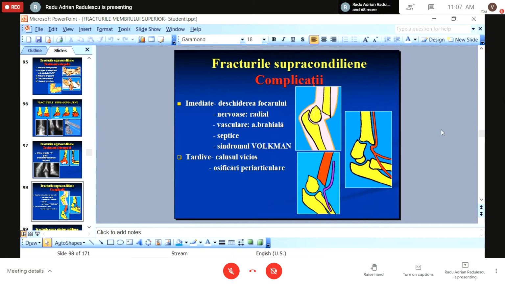That may also compromise the blood flow at the level of the upper limb. I will explain that in more detail immediately. Other complications may be late complications, like the bad union and the periarticular ossification, which are peculiar to the elbow joint.